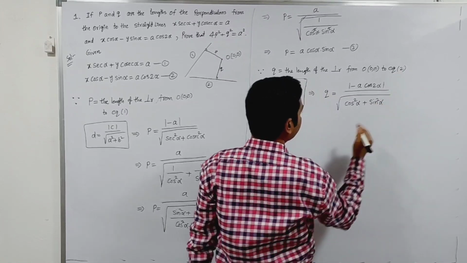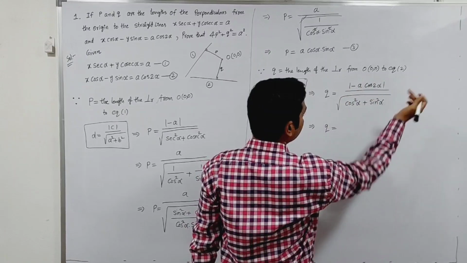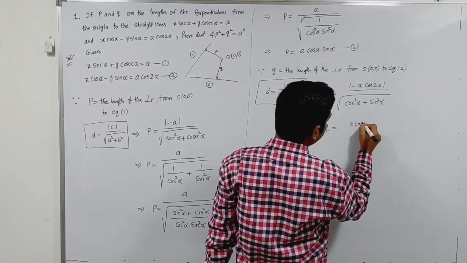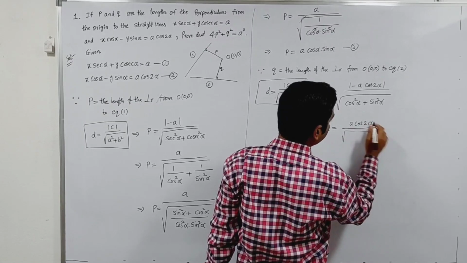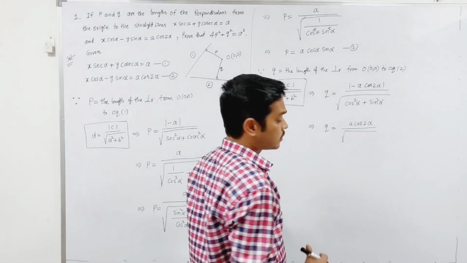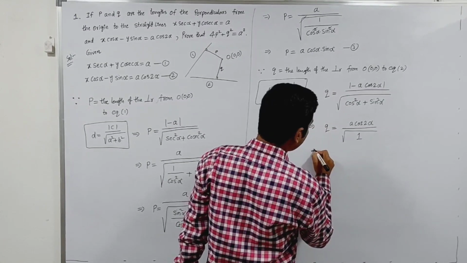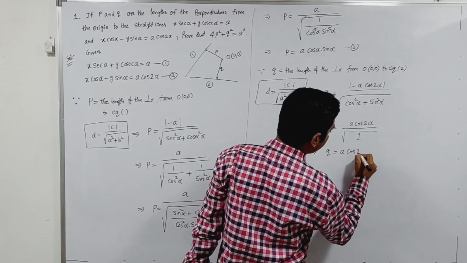So Q is equal to the modulus of minus a cos 2 alpha, nothing but a cos 2 alpha, by under root of cos square alpha plus sin square alpha, a standard identity, which is equal to 1. From this equation, Q is equal to a into cos 2 alpha.